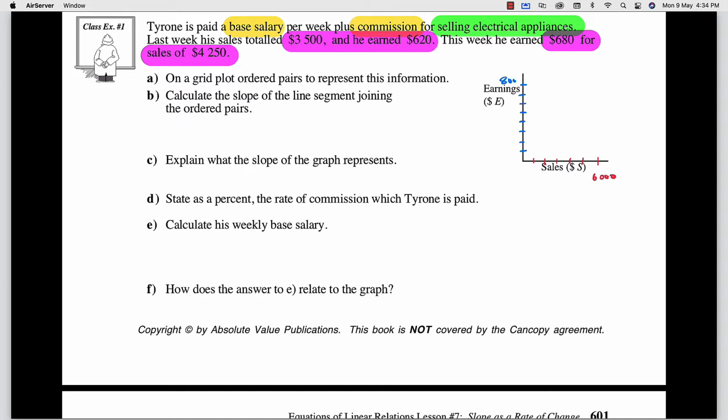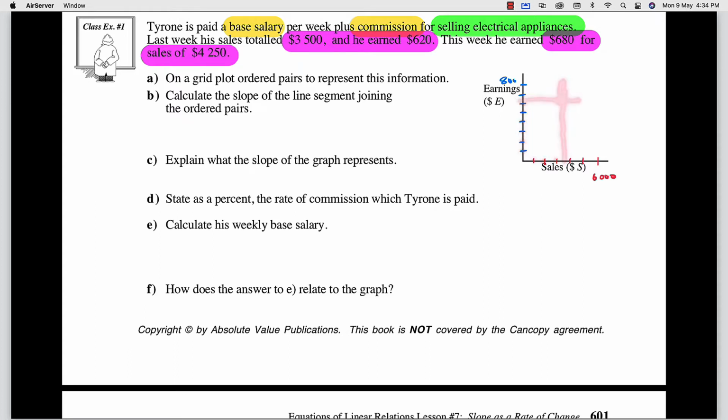So I would come along here and go 1, 2, 3, 3,500 is in between, and it would go up to and connect with 620. So 1, 2, 3, 4, 5, 620. My point would be right about there.